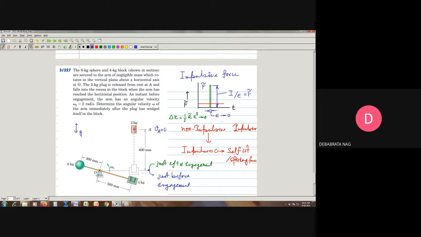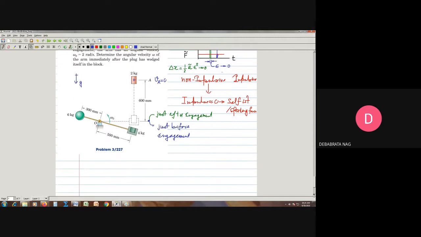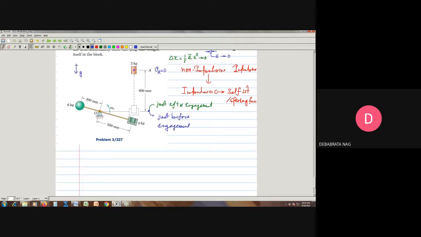So just before engagement, what will the plug's velocity be? I can call the plug number 1, and this assembly, I mean this sphere and this socket along with the massless rod, we take as our particle number 2.